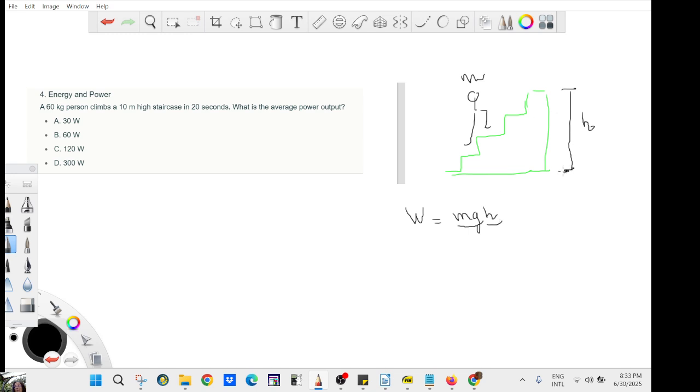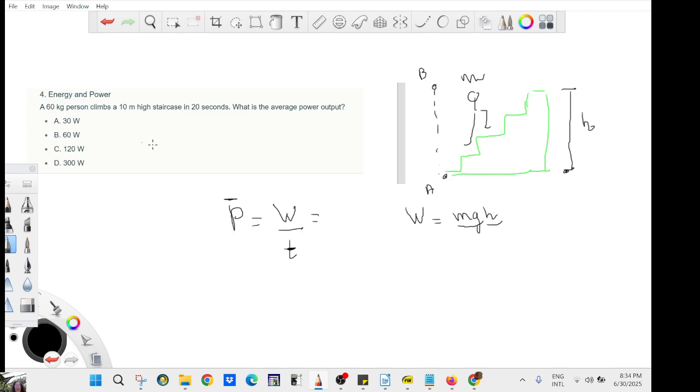Displacement goes from point A here to point B, and the work done against gravity doesn't matter what happens in between, it's just the initial position and the final position. Now, the definition for the average power is the work done over the time elapsed.